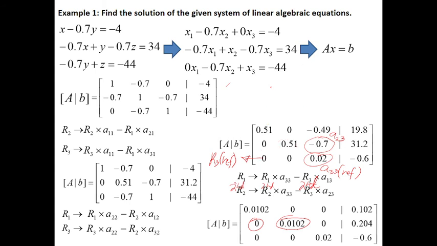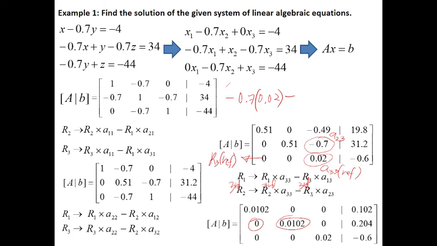We proceed with the third. The third, R2 third, is 0.02. Sorry, R2 third is negative 0.7. R2 third element, negative 0.7, multiplied by A33, 0.02.